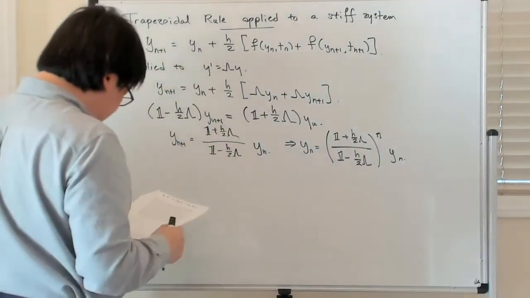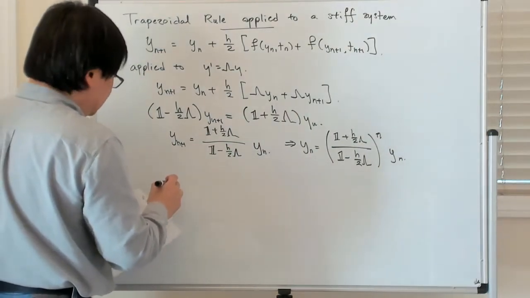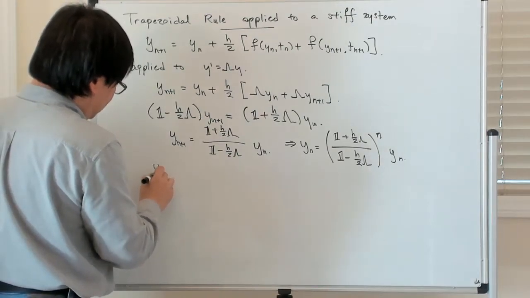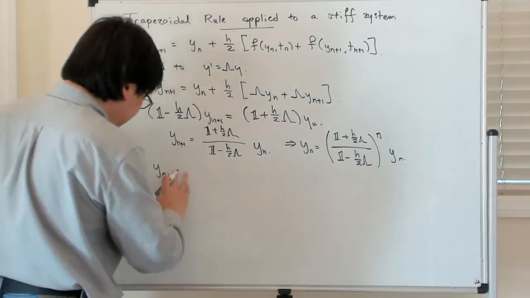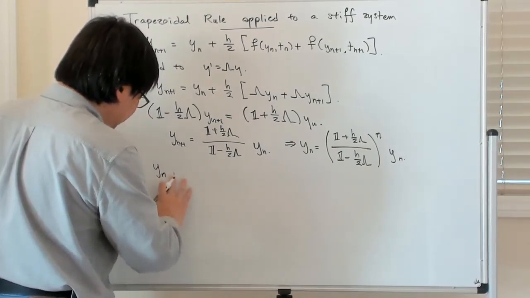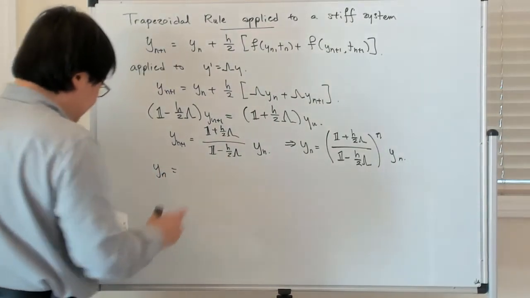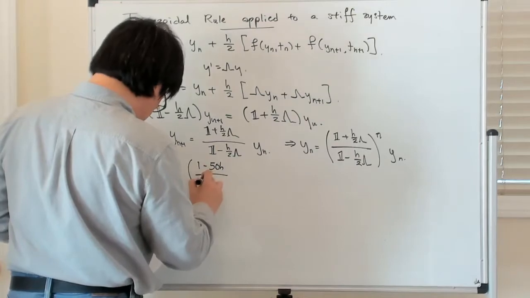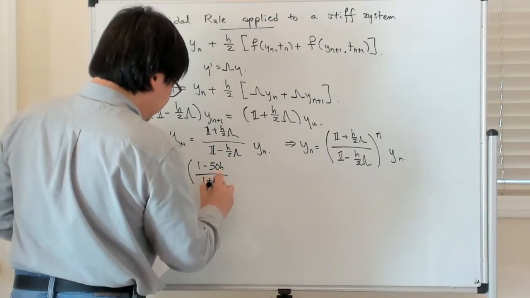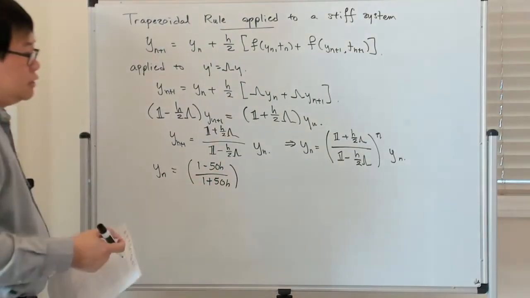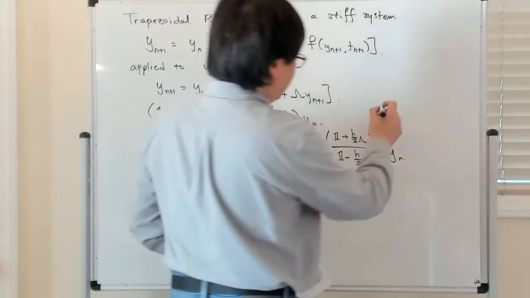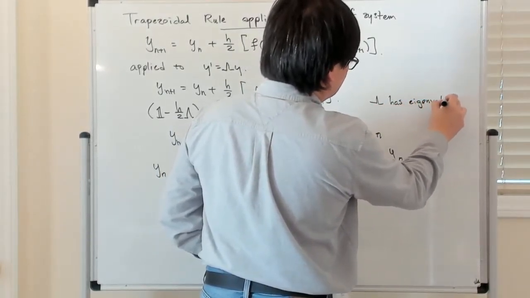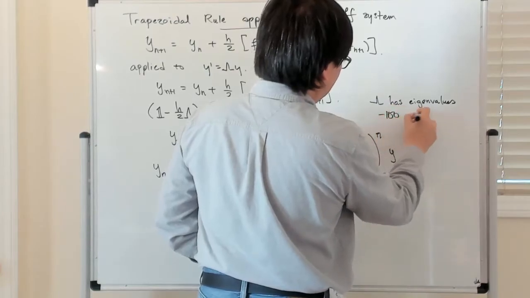And then what you can show is that, as a consequence of this, y_n looks like the following expression: (1 minus 50h over 1 plus 50h). If you recall, that has to do with the fact that λ had eigenvalues minus 100 and minus 1/10.